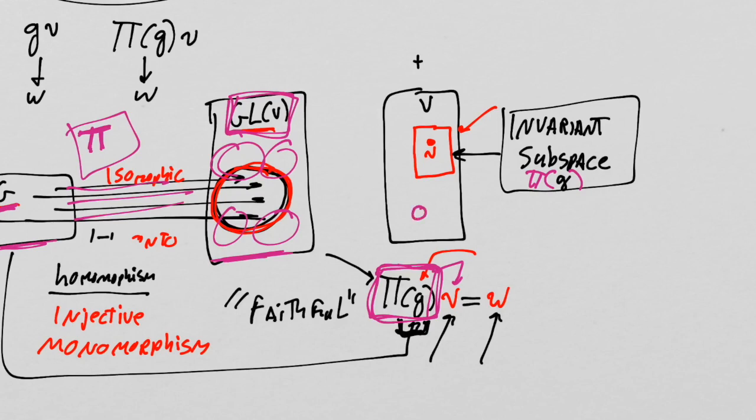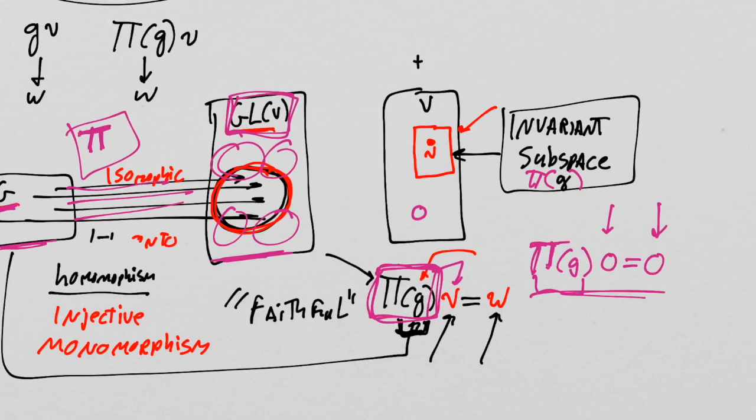So clearly any representation of any group element acting on the zero element will always give you the zero element. There's no linear transformation of a vector space that takes a zero element and doesn't give you a zero element. It wouldn't be linear if that was the case. So that's good. So obviously there's this trivial invariant subspace.